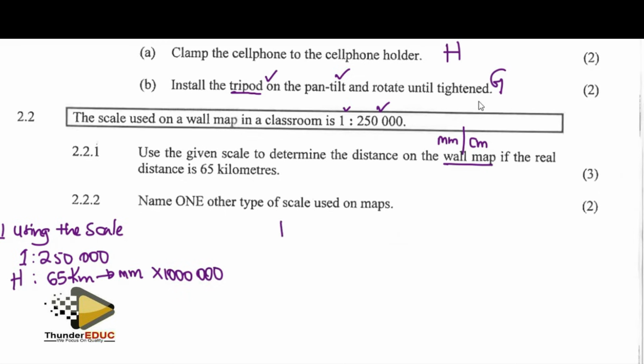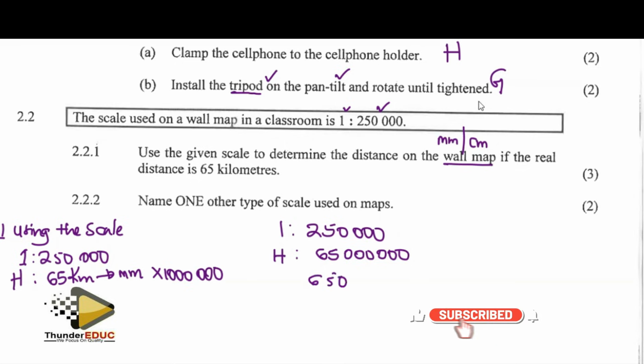If 1 gives me 250,000, which number will give me 65 million? So the number has to be 65 million divided by 250,000.